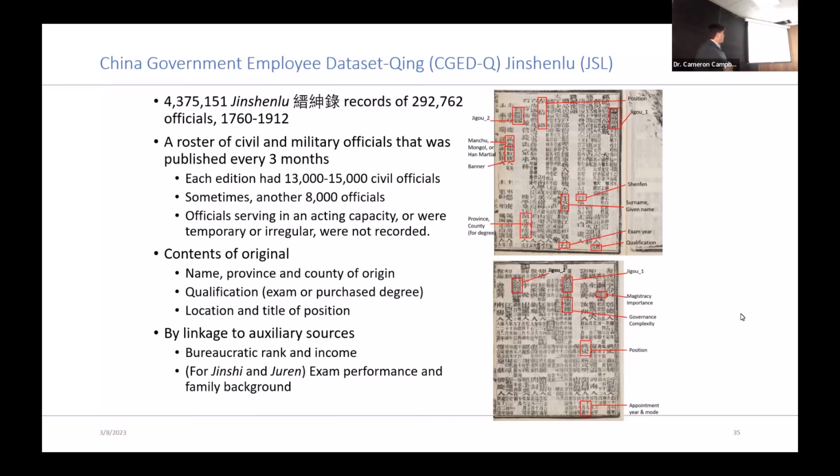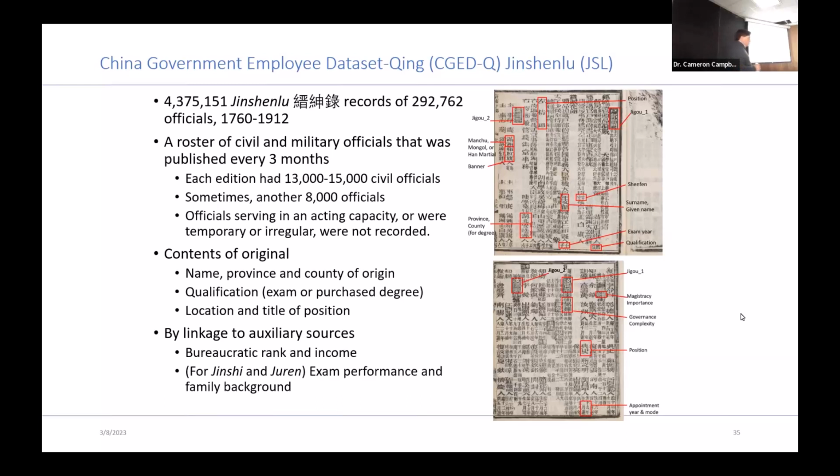Right now, I think this is up to date, we have entered 4.3 million records of, actually we redid the linking, about 230,000 officials who served between 1760 and 1912.